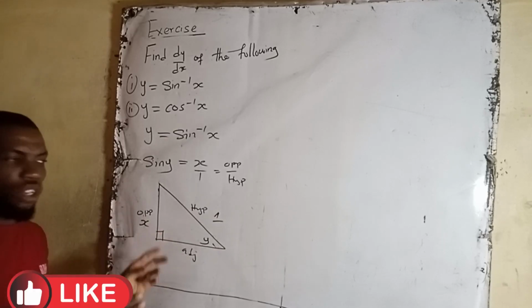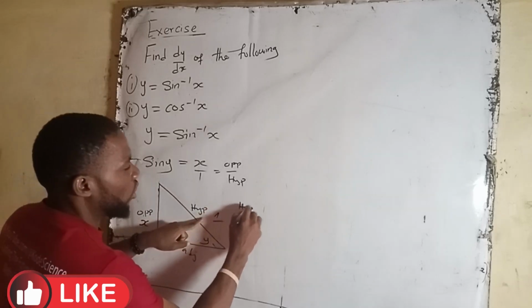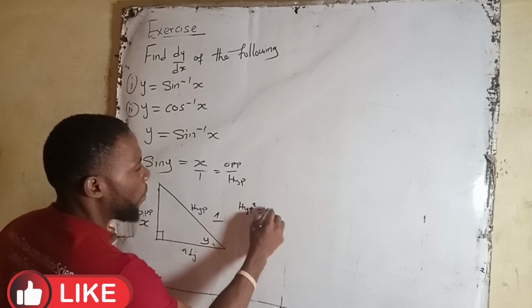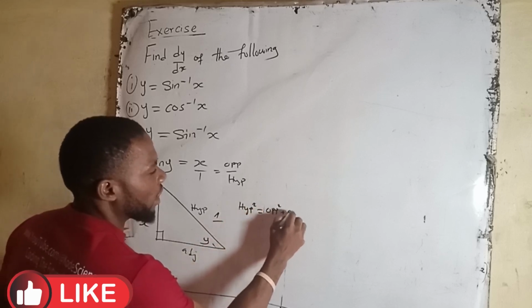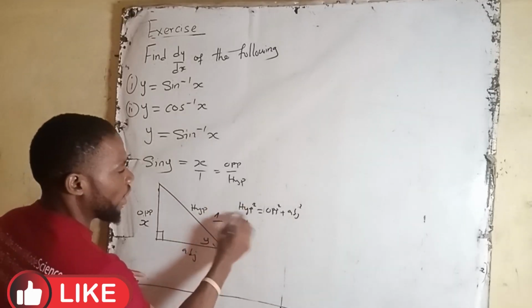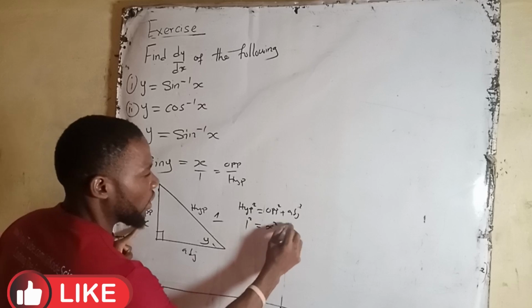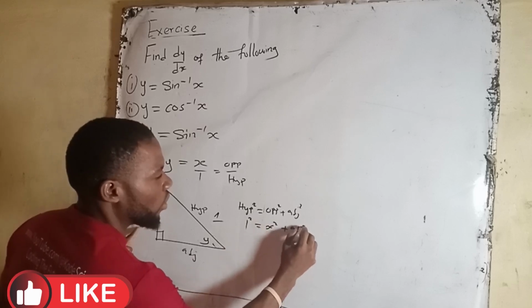According to Pythagoras' theorem, the hypotenuse squared equals the opposite squared plus the adjacent squared. So the hypotenuse squared, 1 squared, gives us 1, and we have x squared plus the adjacent squared, which we don't know.